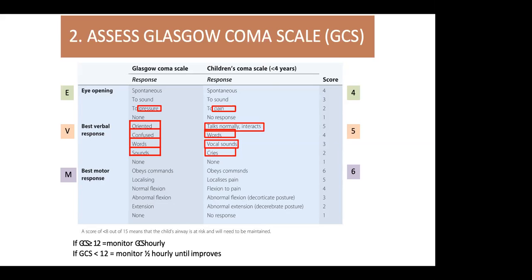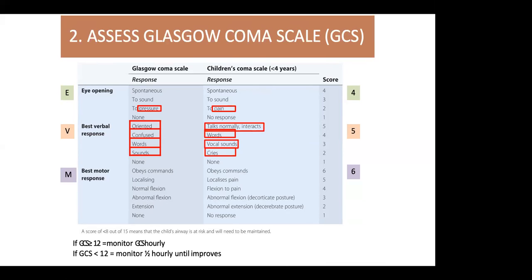And then the second one, in the case of altered mental status, we must assess the patient's GCS. We assess it according to the EVM, which are eye, verbal and motor response of the patient.